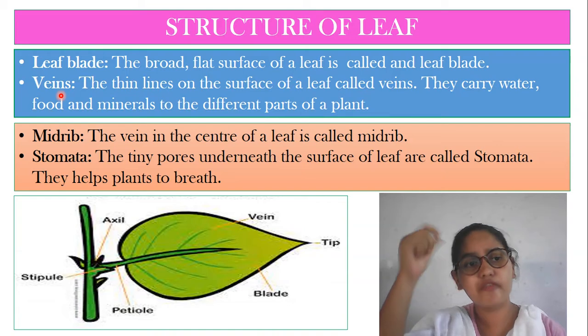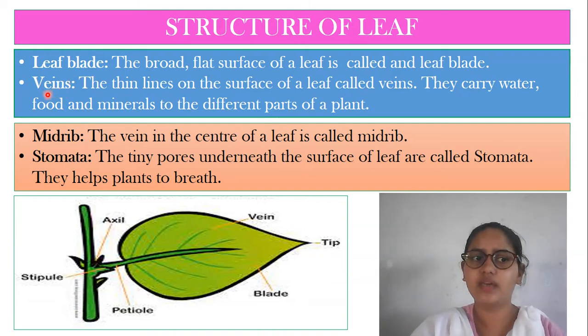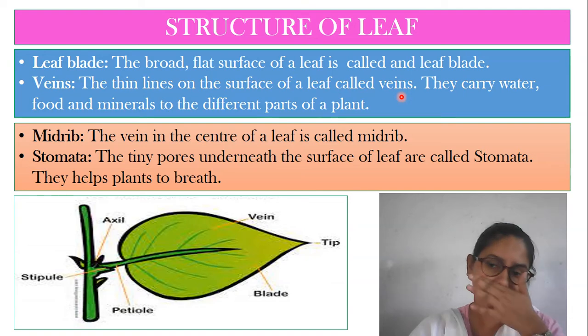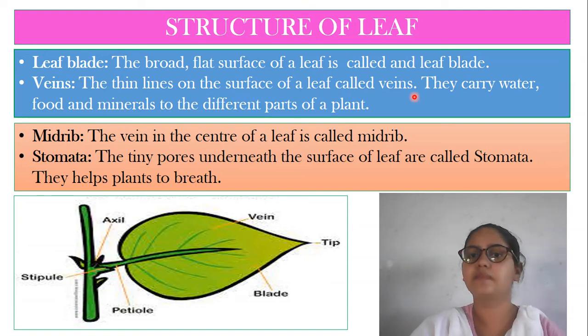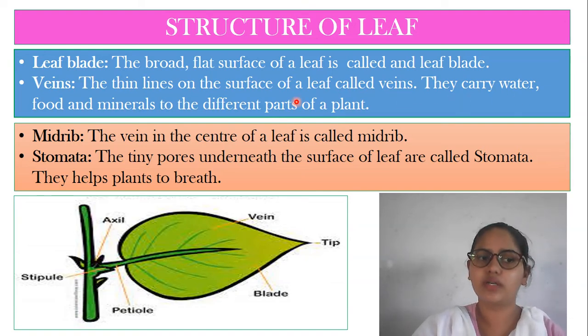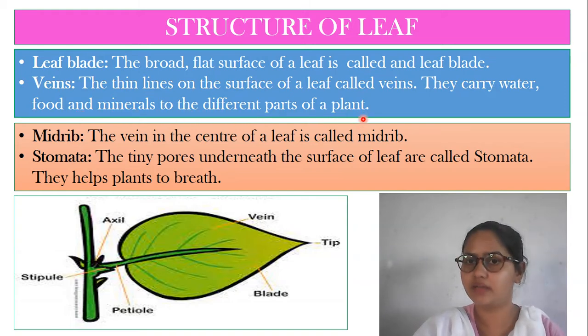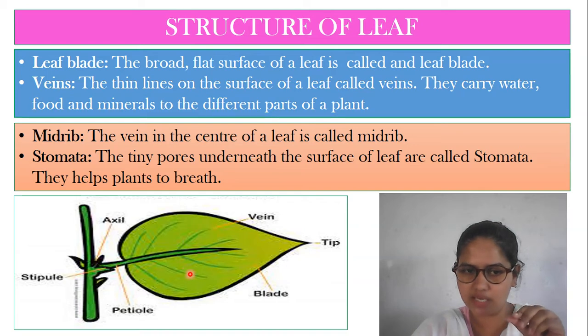Now here is the vein. The thin lines on the surface of a leaf are called veins. They carry water, food, and minerals to different parts of a plant. You can see the veins, the thin green lines we have on leaves.